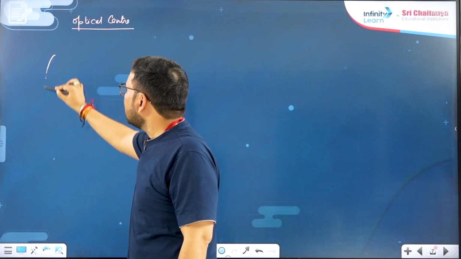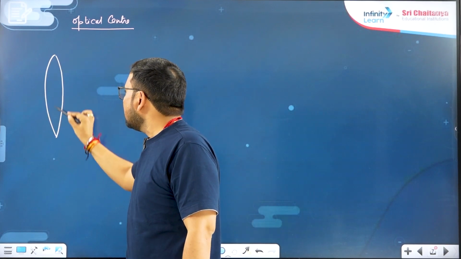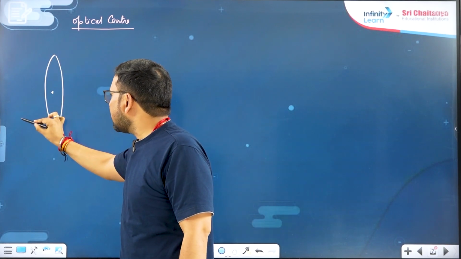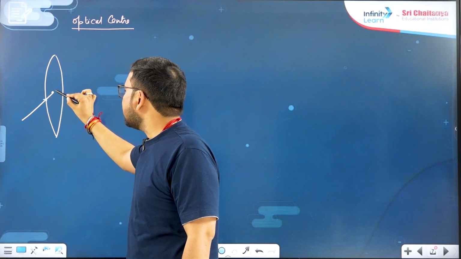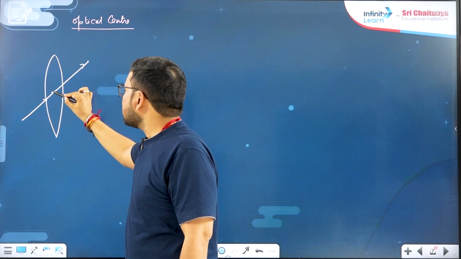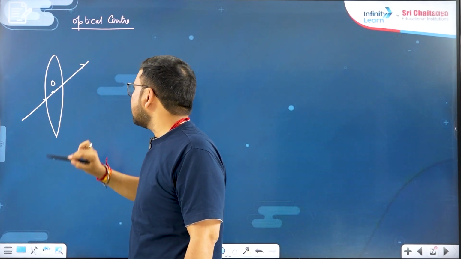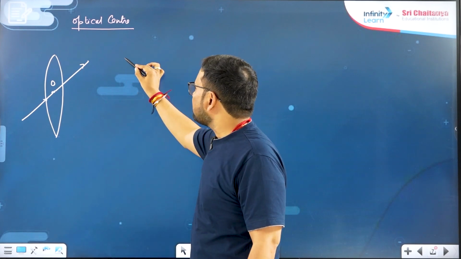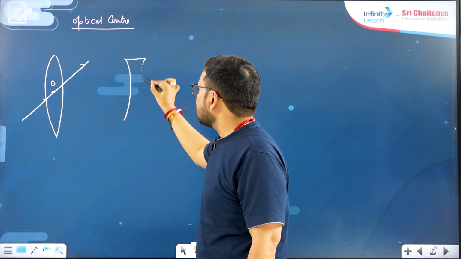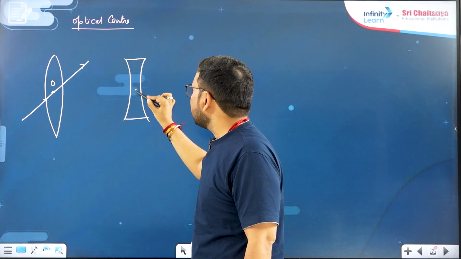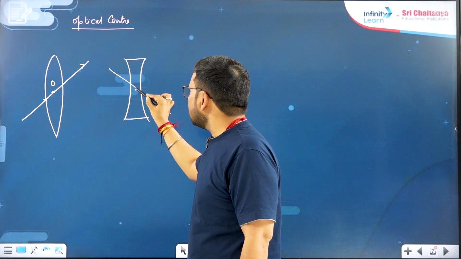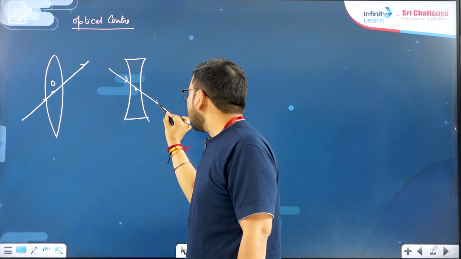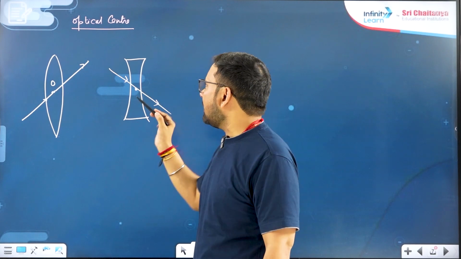So you will have a basic theoretical concept. It is a point from which rays pass undeviated. This is the optical center, and from here rays are passing undeviated. What direction you are putting it, that does not matter. But if this is the optical center and rays are incident, the rays will refract and pass undeviated.